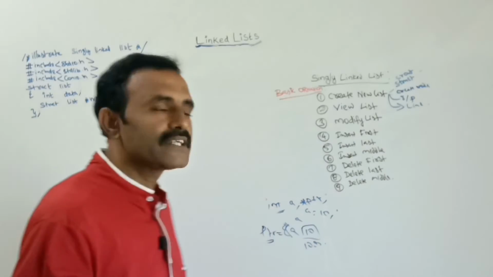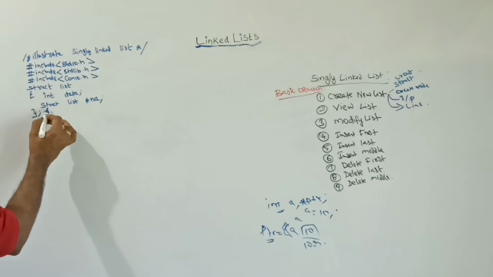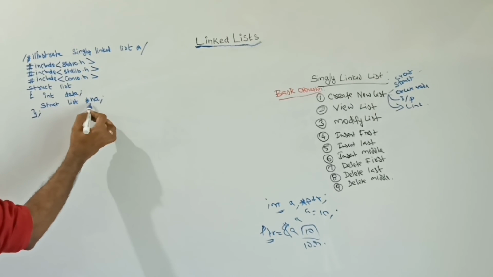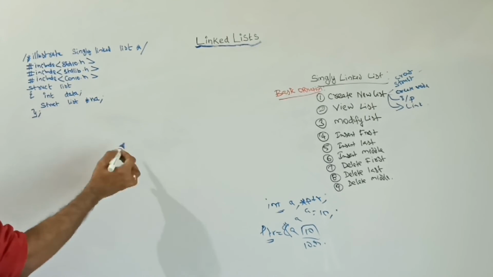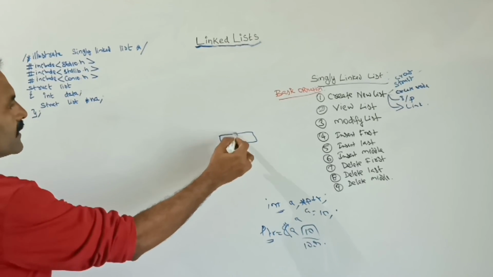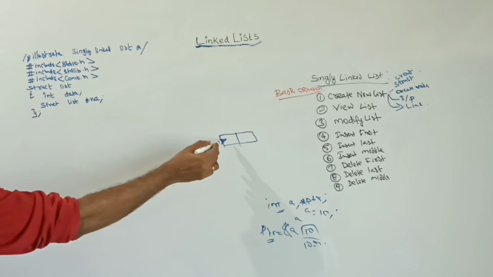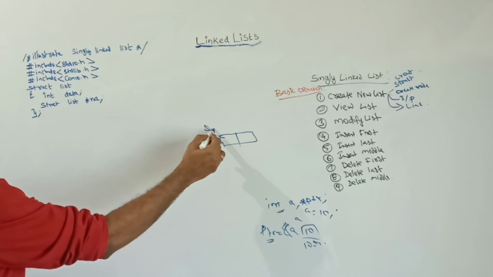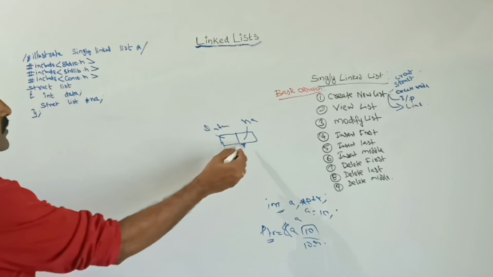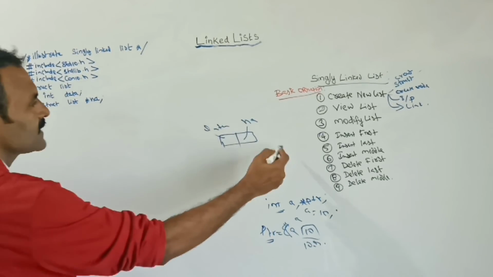Which data type? Structure data type. So here I mentioned struct list, and I created the pointer variable as NA. So totally this node can be created. The first field is integer data type, so here I can store the data. Next, this field name is NA, so here I can store the address of the next node.